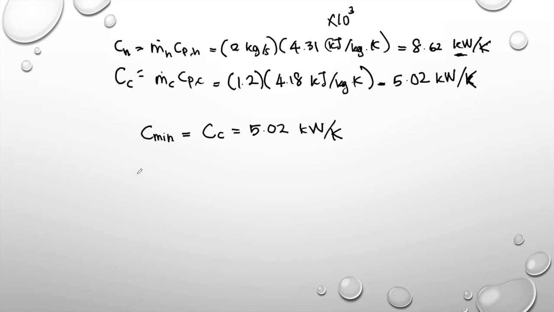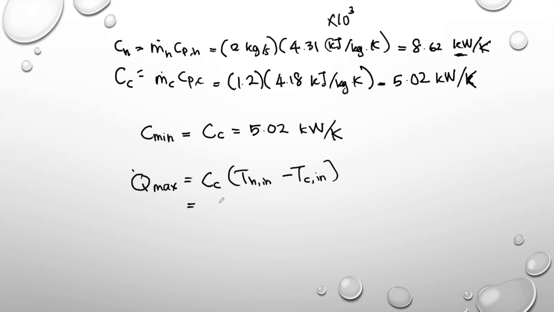Okay, now we have to find what is the Q maximum. So from the C minimum value, Q maximum is C minimum times T H in minus T cold in.